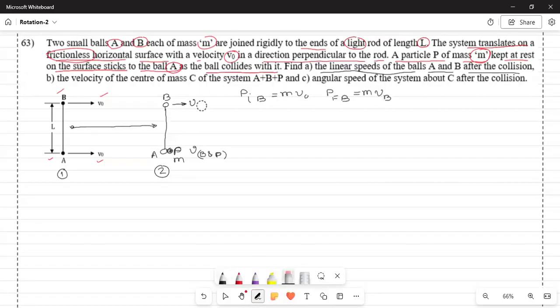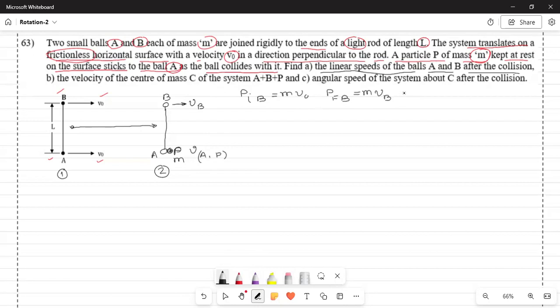Similarly, this is VB, and this is VA and P together.